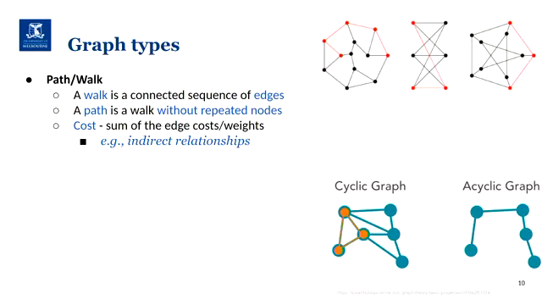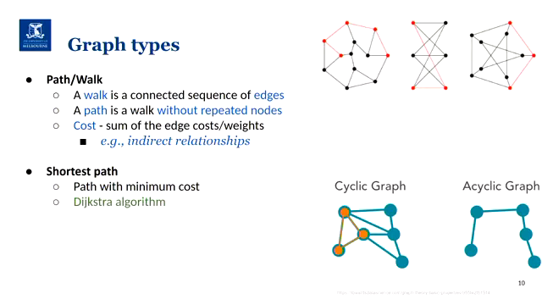But you can, by identifying costs and paths within the graph, quantify indirect relationships as well. Asking the question, for instance, is there a path, is there a connection between these two nodes? And you can ask what's the shortest path, or the path with minimum cost, connecting two nodes in the graph? Okay?